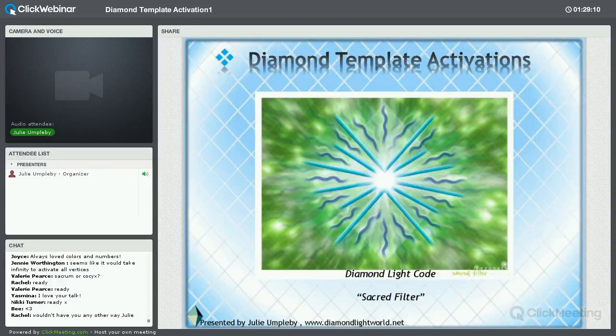And now we're going to allow Sacred Filter to expand its presence to support us in establishing clearer facets within the fabric of our grid structure, our personal diamond grid.